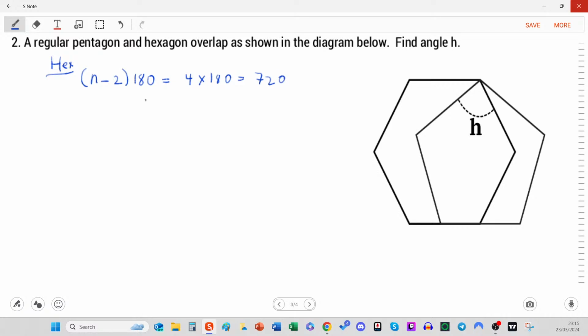Now the 720 is the total, but since it's regular, remember what that means? Regular means that all of those angles are the same. So we divide it by 6, and we get each internal angle of 120 degrees. Let's put an equal sign there.